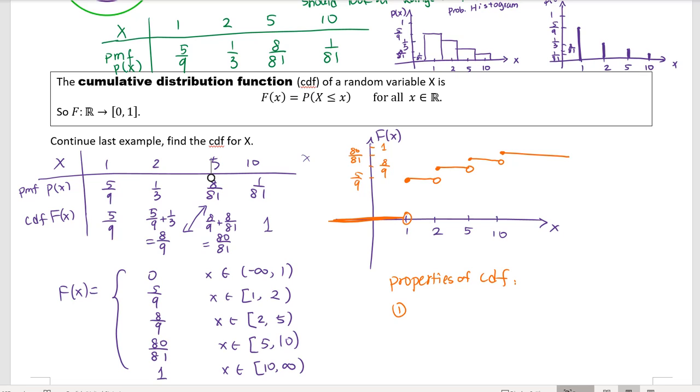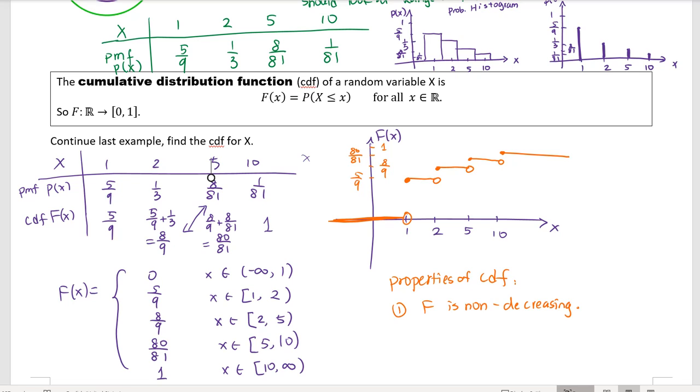Can you see the values are getting bigger? We cannot say increasing because sometimes it could stay the same. The correct word for this is non-decreasing. So F is non-decreasing. It means it could increase at some points and stay constant, and increase and stay constant, like this.